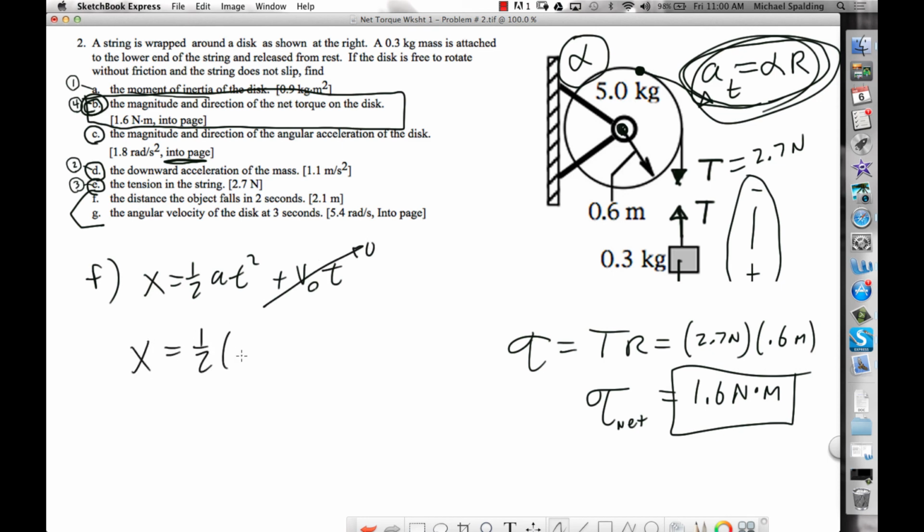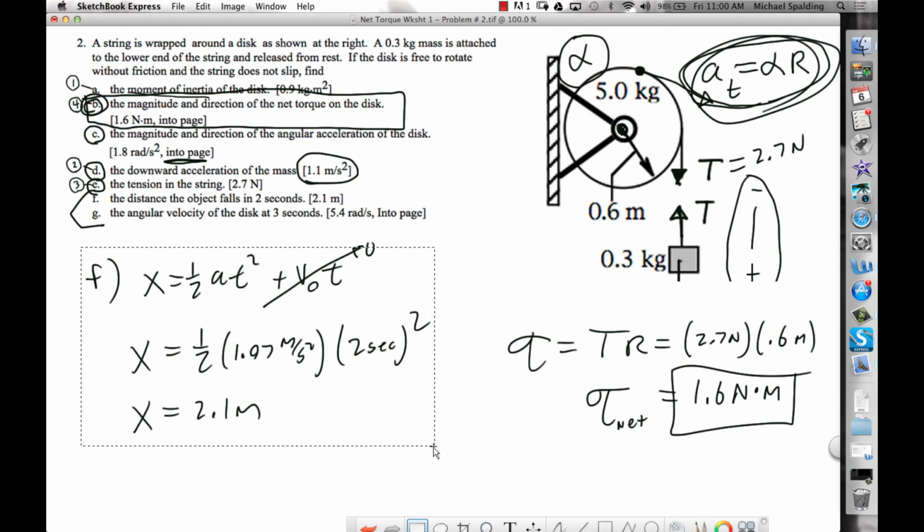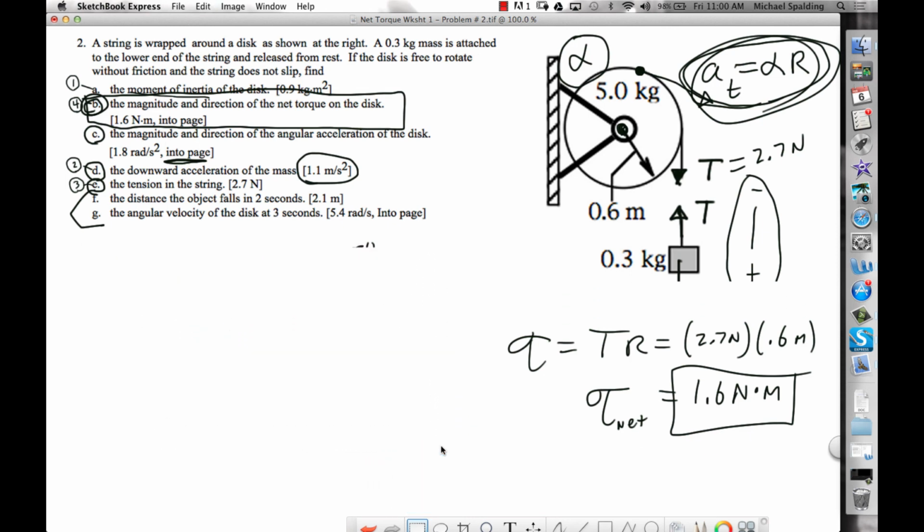Our linear acceleration is 1.07, rounded to 1.1, and the time is 2 seconds. So it falls a distance that should come out as 2.1 meters. Let me check that: 4 times 1.07 divided by 2. Yep, 2.1 meters.